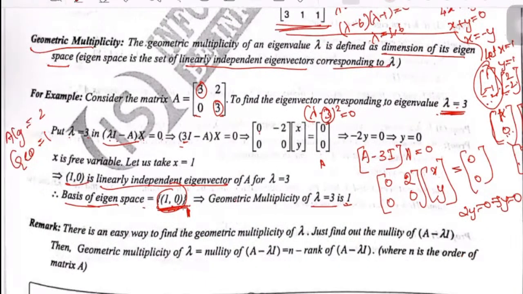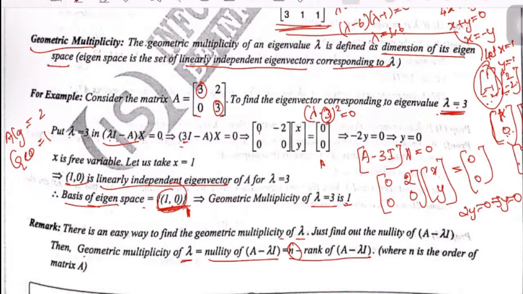There is an easy way to find the geometric multiplicity of lambda. The easy way is to find the nullity of A minus lambda I. So the geometric multiplicity of lambda is nothing but the nullity. What is nullity? n minus rank of A minus lambda I. Here n is the order of the matrix.